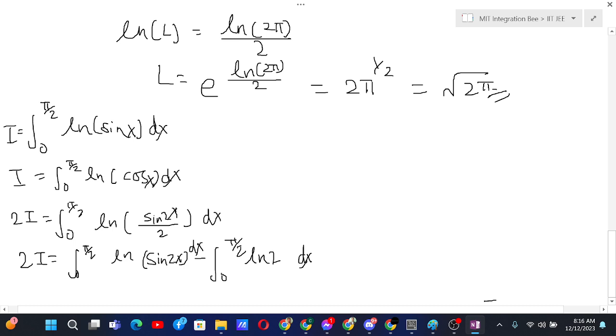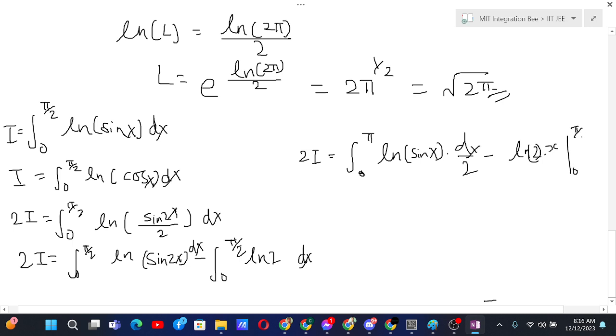Now we can again change 2x to x, and then that gives us 2I equals integral from 0 to pi of ln sin x, and then that will be dx by 2, and then this will be ln 2 times x from 0 to pi by 2.